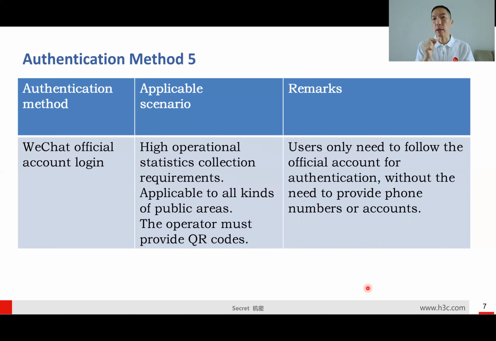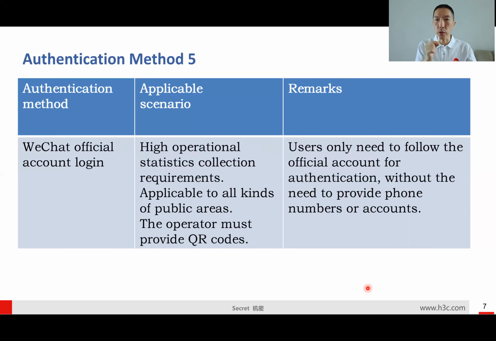This scenario is normally applied for a retail shop or a chain store, say for example 7-Eleven. If the user goes to the shop, I can scan the code using my WeChat, the IM app on my mobile phone, and follow this shop's official account under WeChat.